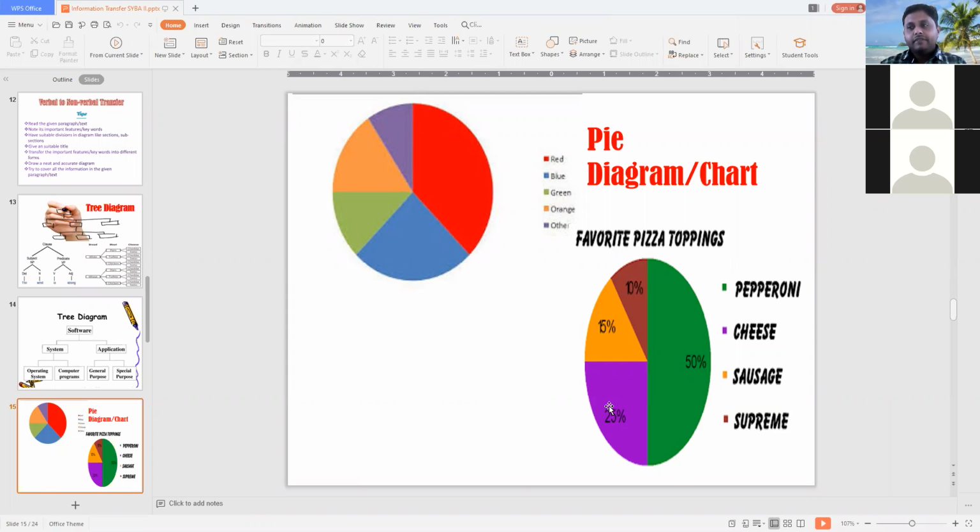If calculations are given, we can divide the pie diagram into sections. On the screen, different colors are used. A section with a particular color indicates something: the green section indicates something, the blue section indicates something else. So we can present data in the form of a pie chart also.